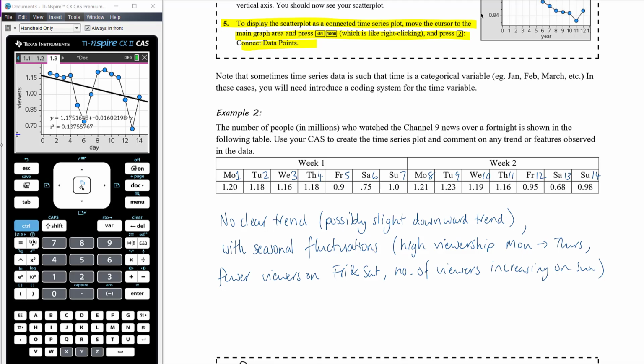Probably don't need the description in the brackets. No clear trend with seasonal fluctuations is the clear information there.